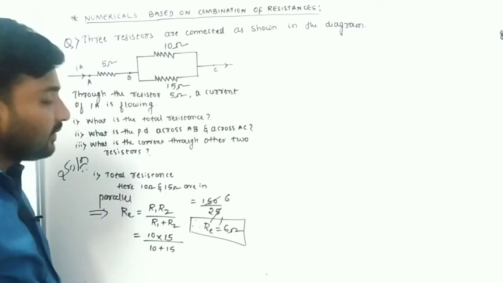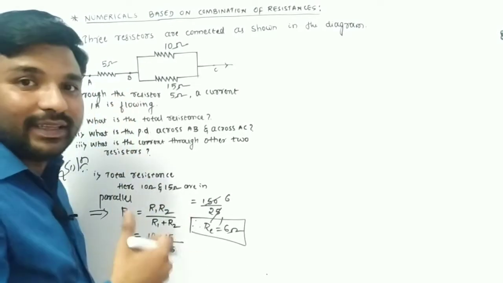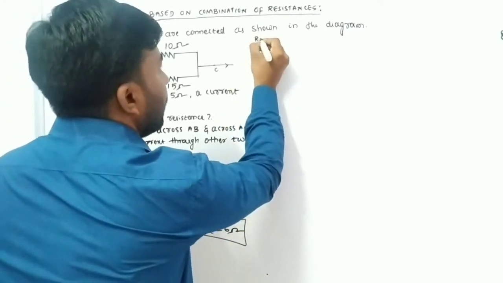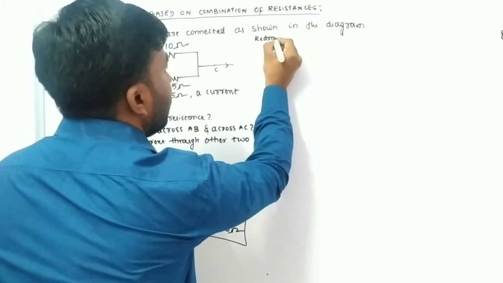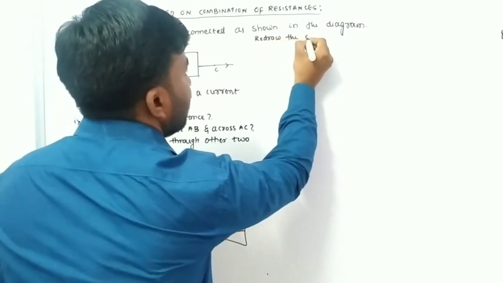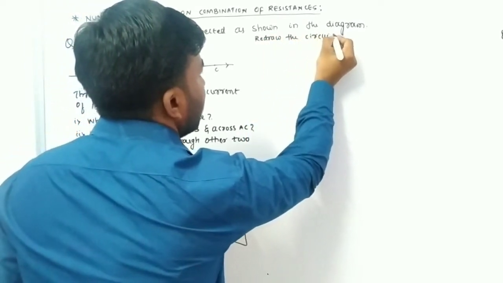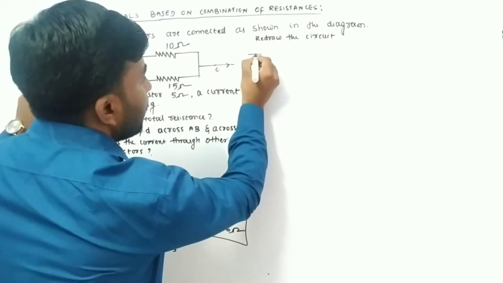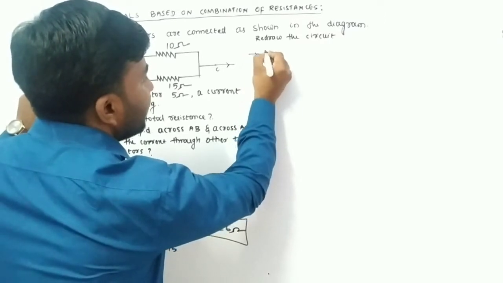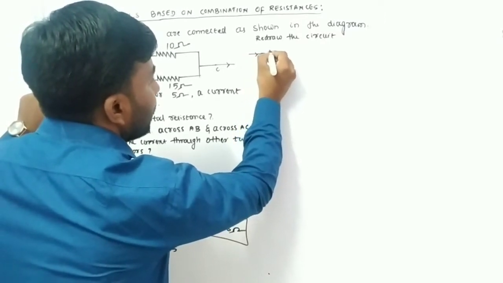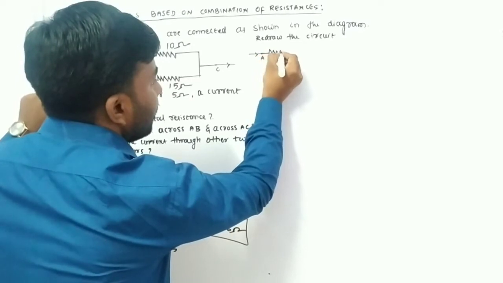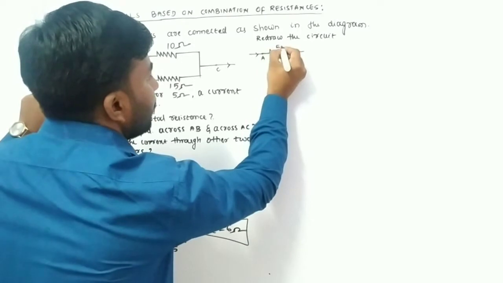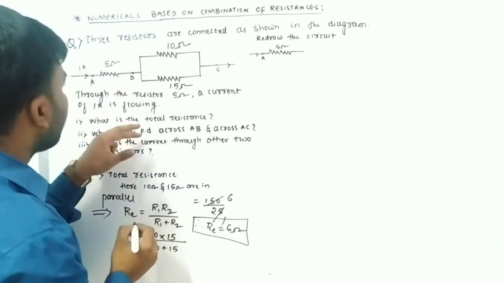Now the next step is we have to redraw the circuit. Here this one, point A as it is. The resistance 5 ohm as it is.